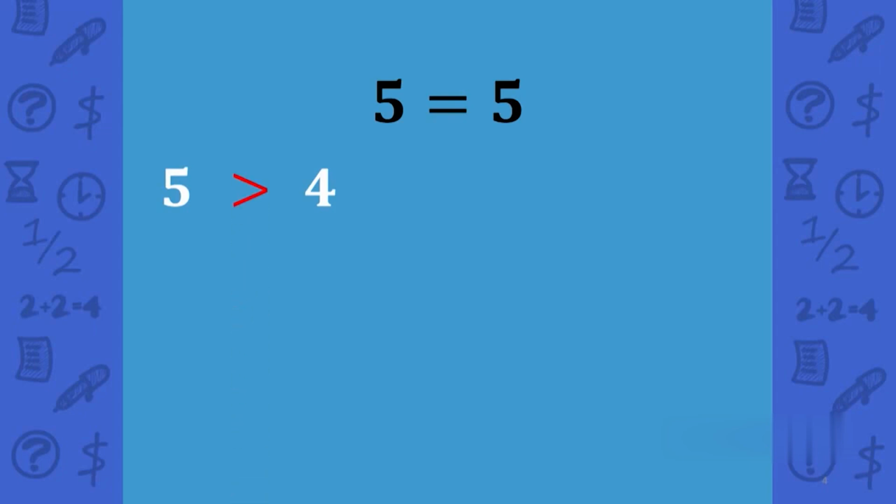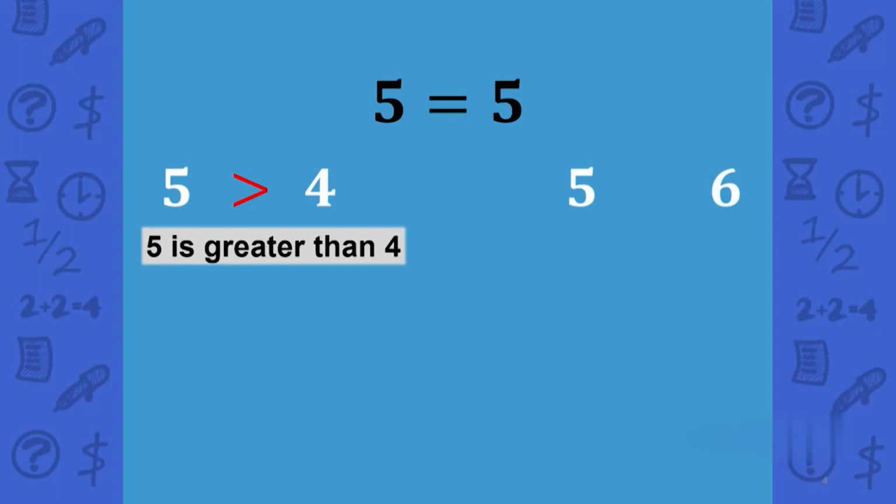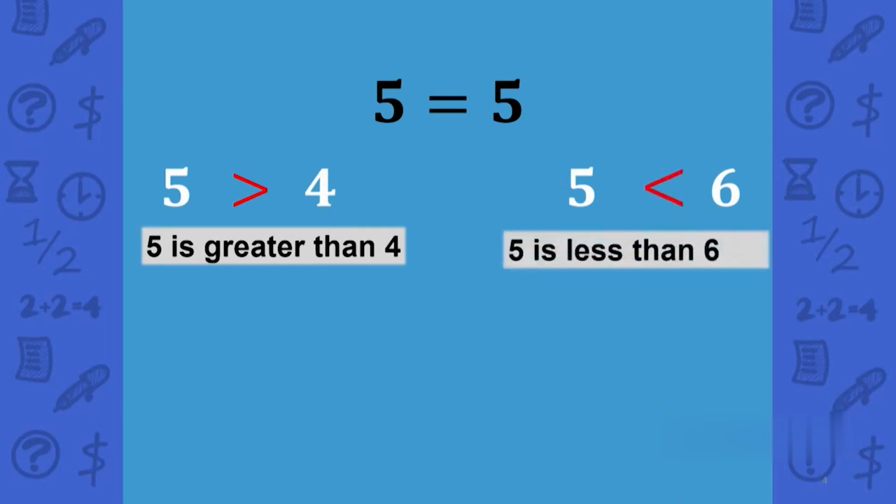In order to express the words greater than, you can use this symbol, greater than. Look at another example. When we take 5 and 6, here 5 is less than 6. So in order to express the words less than, you can use this inequality symbol. 5 is less than 6.